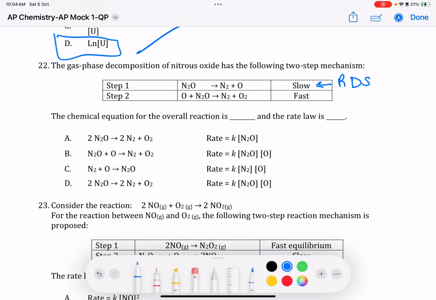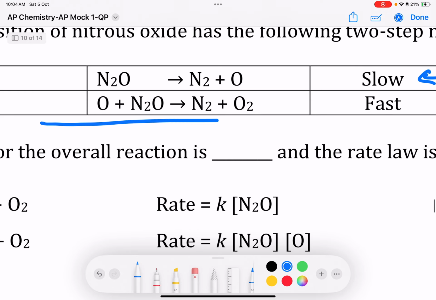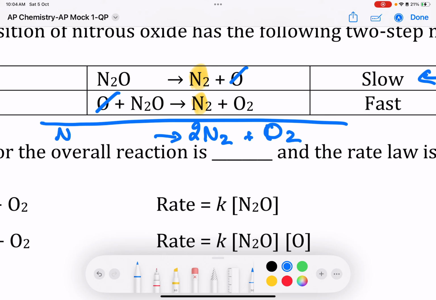Now the chemical equation of the overall reaction is, and the rate law is. So first, let's add these two equations together. This cancels out. N2 and N2 from the same side will be added. So we have 2N2, 1O2, and N2O plus 2 N2O.